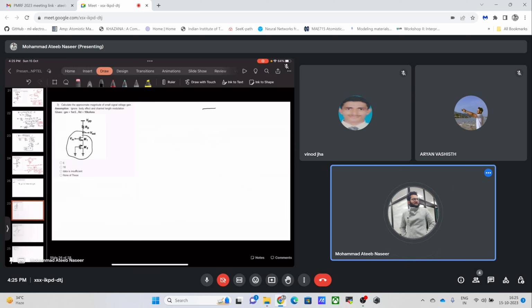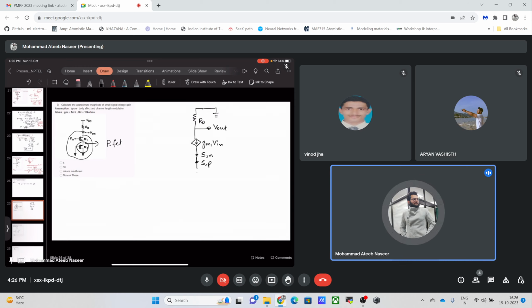This is grounded, this is RD because we are considering a small signal equivalent, and this is our output Vout. This is gm1 times Vin. Vin is simply this bias, which is Vsn, or simply Vsp. Clearly this is the p FET, a p-type MOSFET.